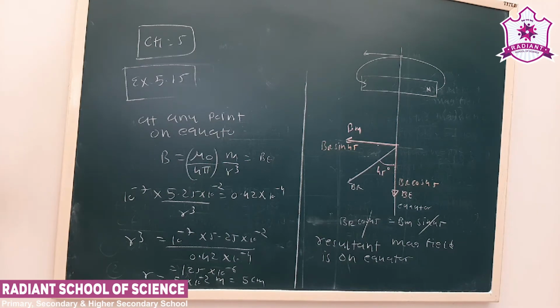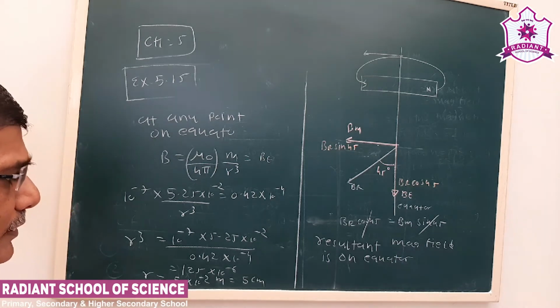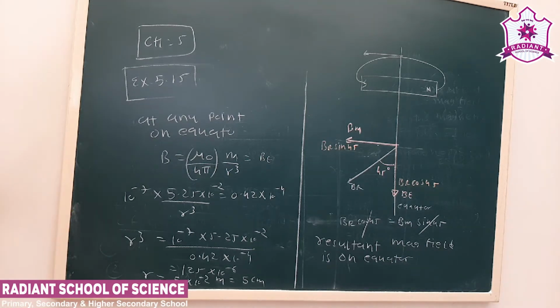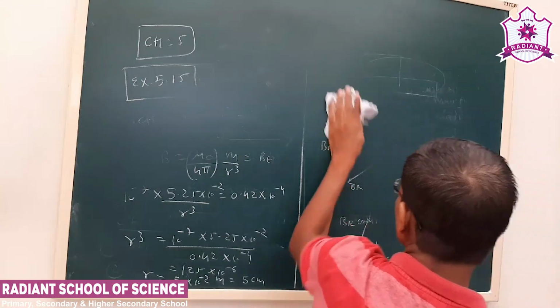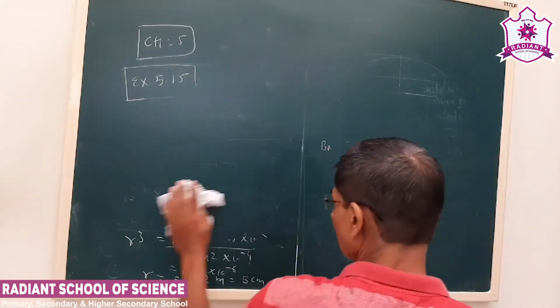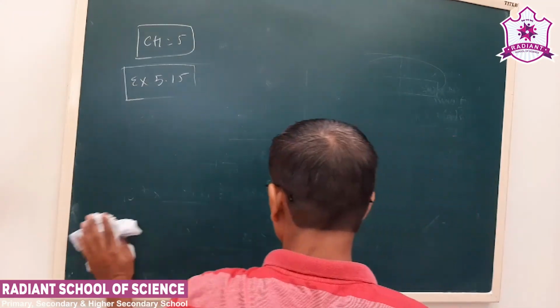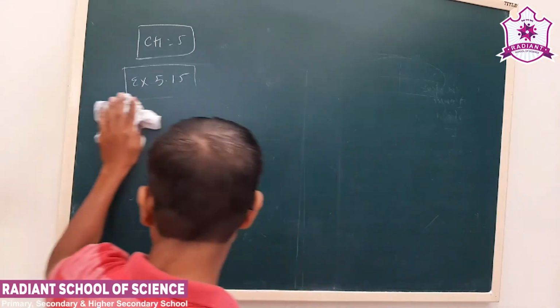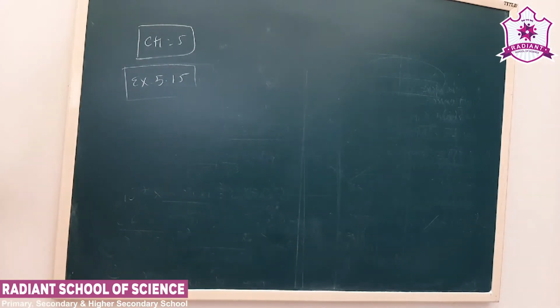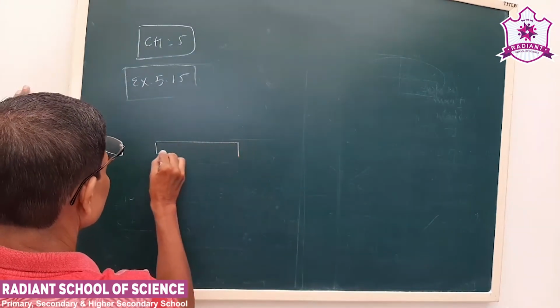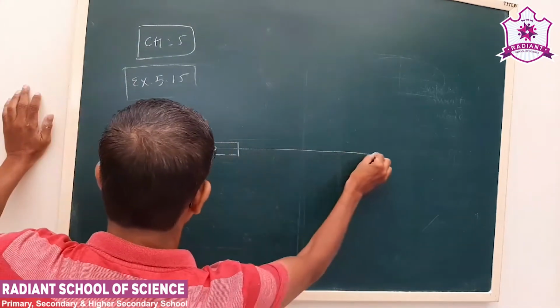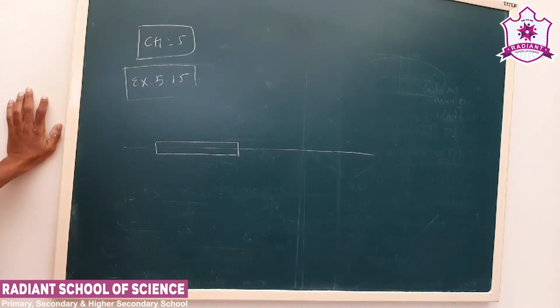Now the second part of the question says that the resultant magnetic field is on the axis, so we have to find out that distance. Also the resultant magnetic field makes 45 degree with the earth's magnetic field. Now see, the situation will be like this. This is a bar magnet.